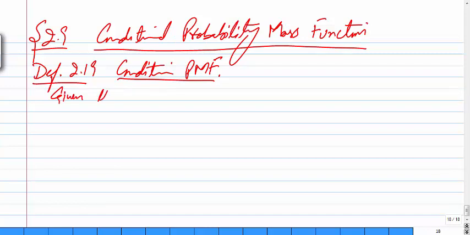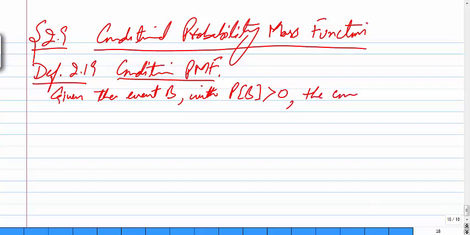Given the event B with probability P[B] greater than 0, the conditional PMF of random variable X is written as P_{X|B}(x).